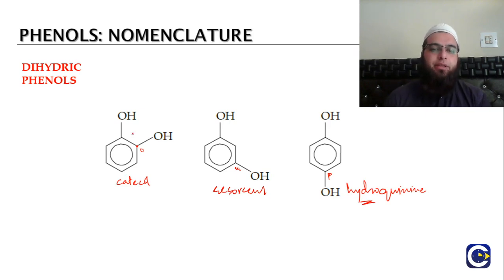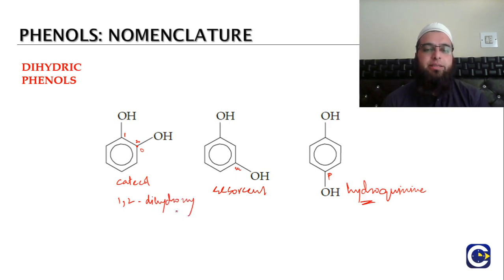And if we try to name it according to IUPAC nomenclature, then we will number it. This is the position 1, this is the position 2. So we will call it 1,2-dihydroxybenzene, okay. And in this we have 1, 2, 3. This we will name 1,3-dihydroxybenzene.